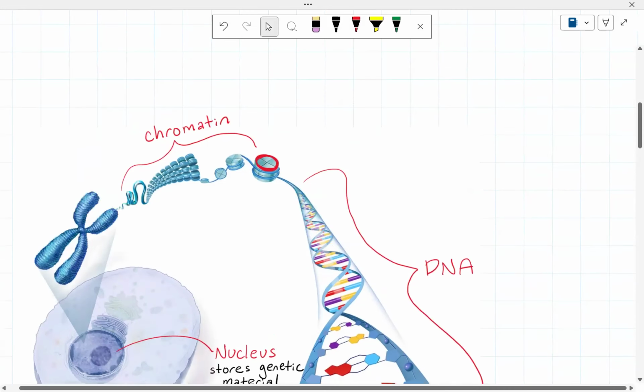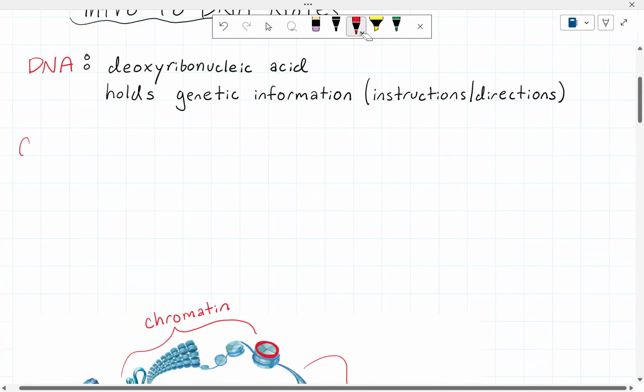Now we're going to go back up again and define this. Chromatin. Chromatin is when we have that DNA, so that long strand, and the protein all wrapped together.